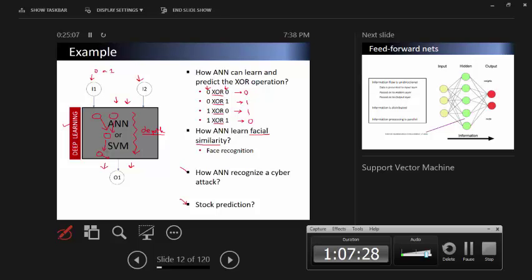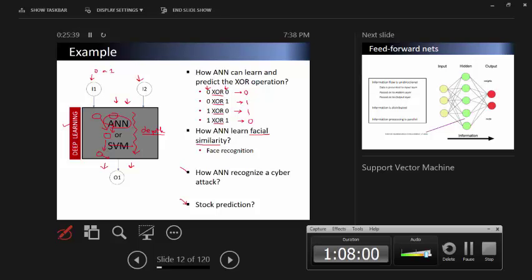Question? Professor, what is SVM mean in this picture? SVM is support vector machine. I know this. Oh, you know that? It's an algorithm. Yeah, support vector machine. Can it use AI, or is it totally different? Right, we're not going to do this, but artificial neural network in this class.